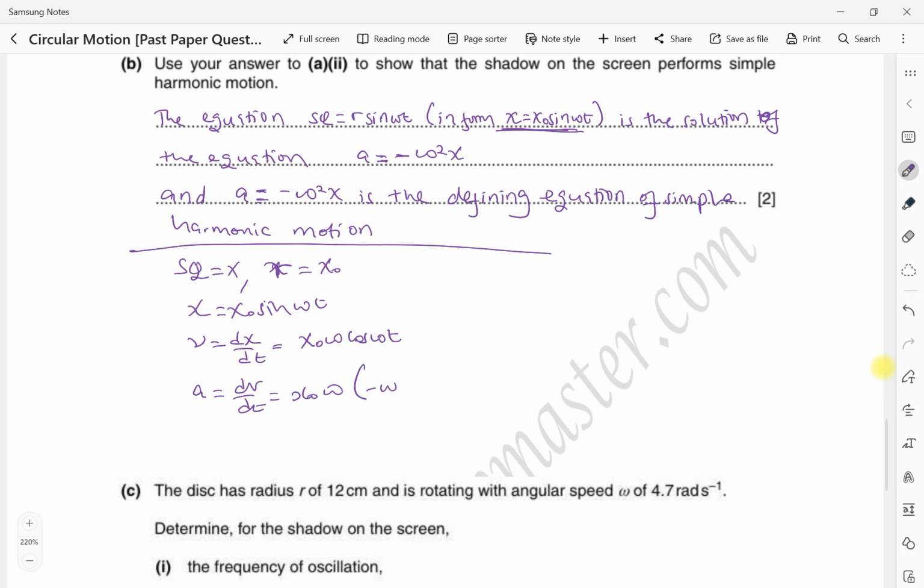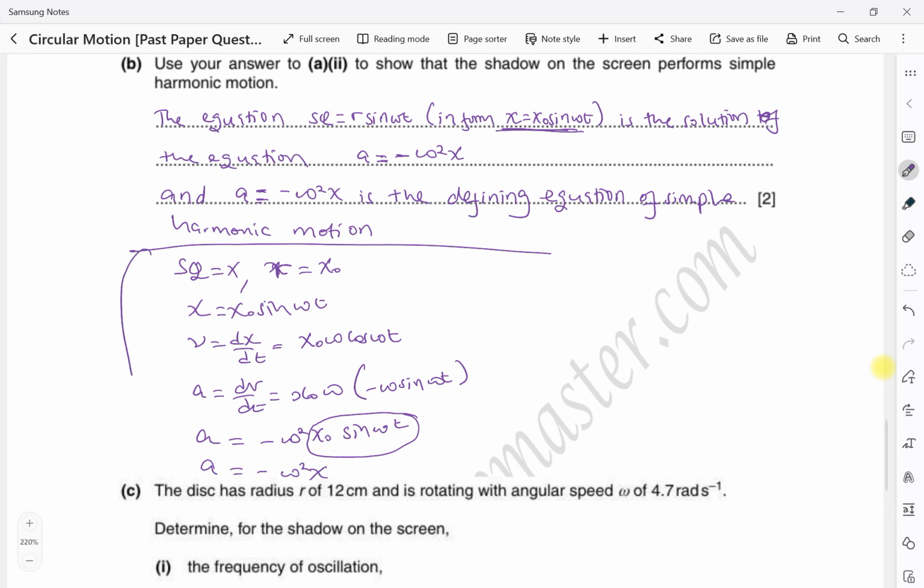So the acceleration is going to be equal to negative omega squared x naught sine omega t. But remember, we saw that x naught sine omega t was x. So this is a equals negative omega squared x.